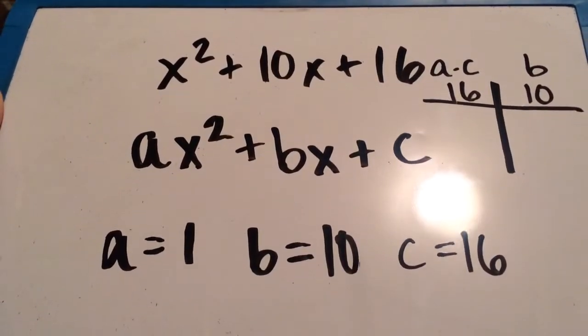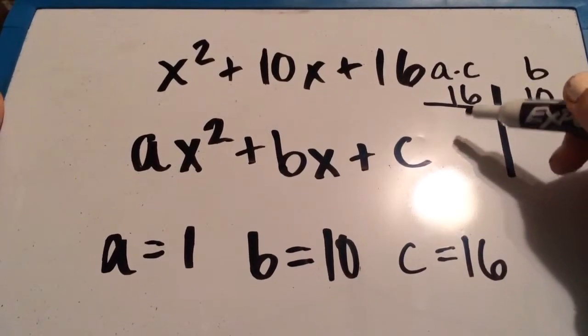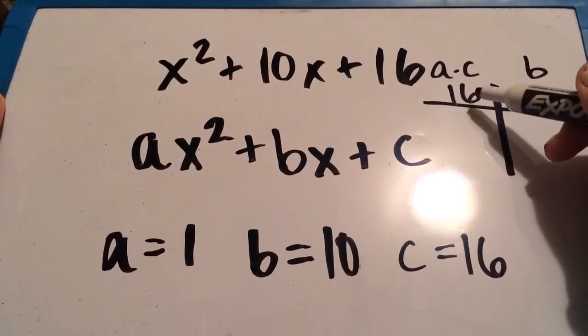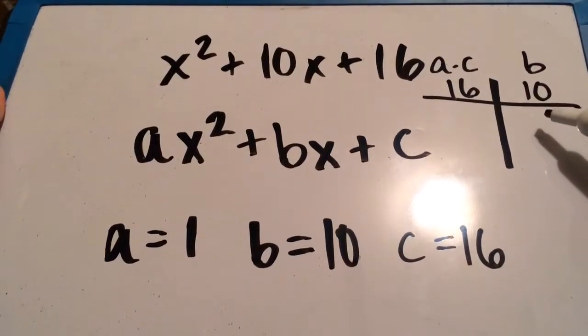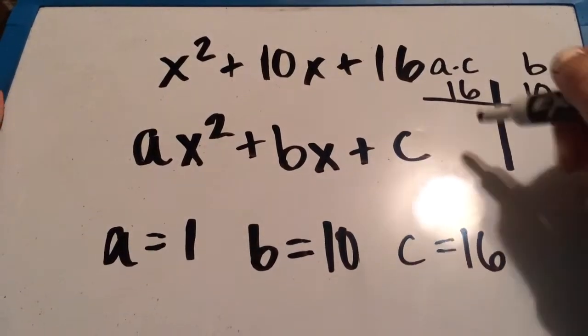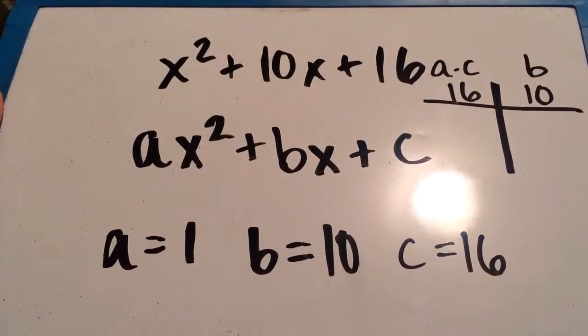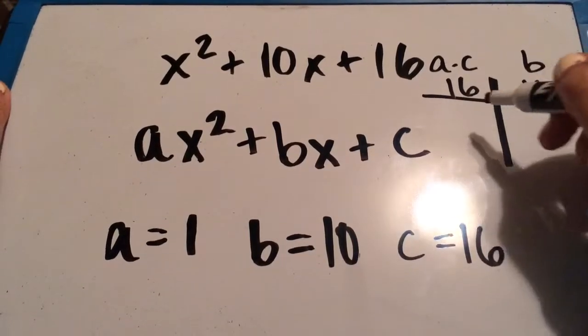So what we need to figure out is two numbers that you multiply to get 16, but you have to be able to add those same two numbers to get 10. So first, just figure out any two numbers that multiply to get 16.